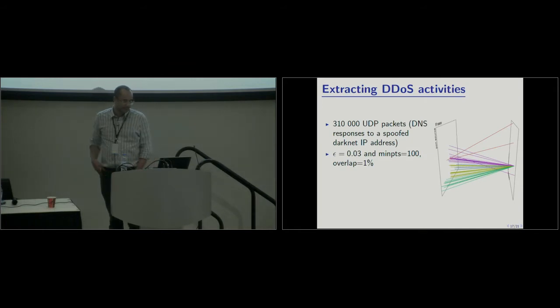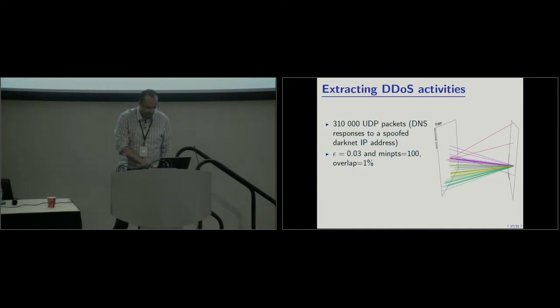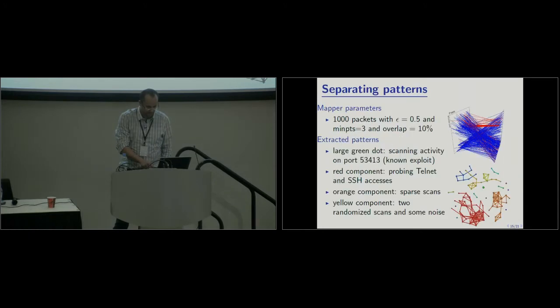Yes, this is because we are doing a 3D visualization. For this reason, we selected only the source IP address, the destination IP address and the destination port. But the most important thing in this graph is that it is the output of the mapper, the compressed representation of the features that we selected.